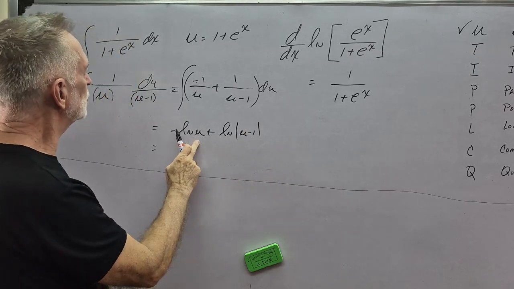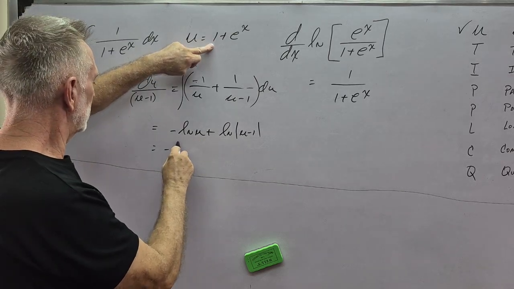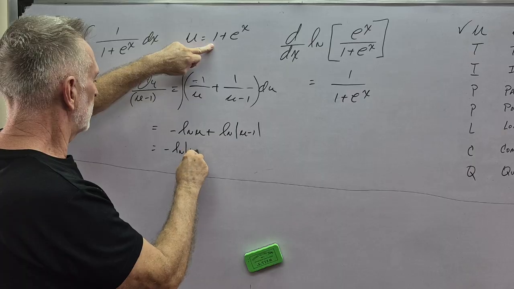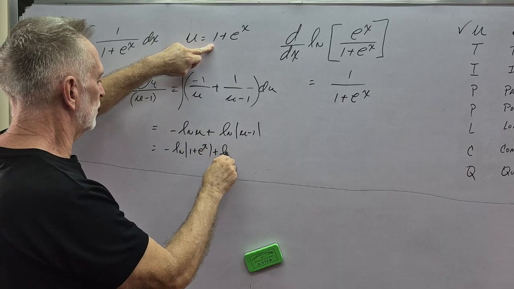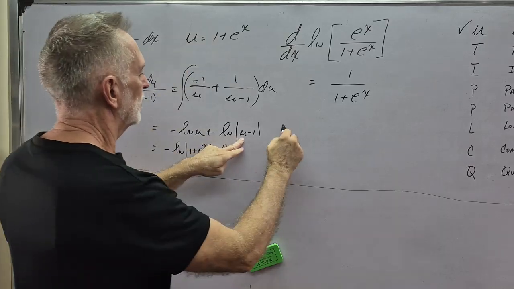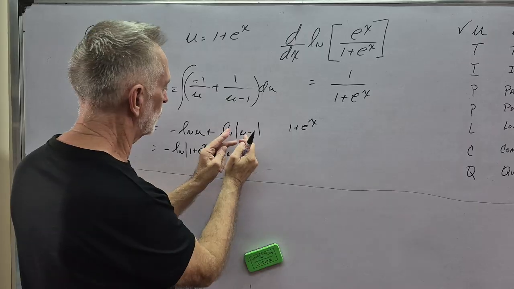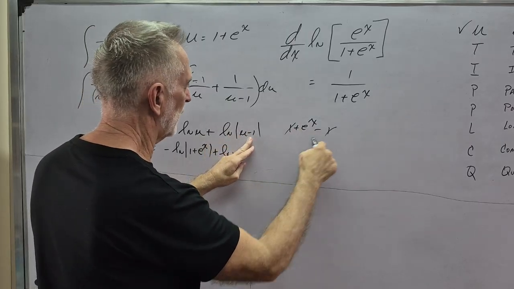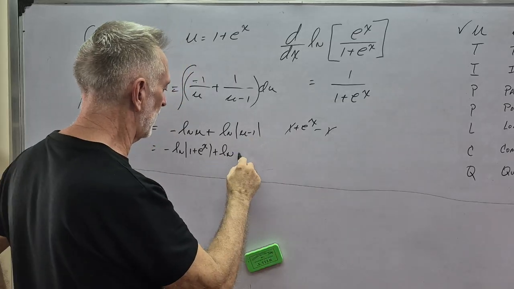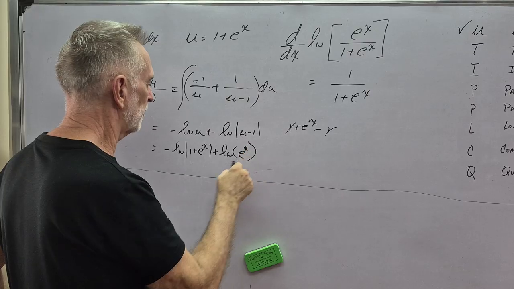Okay, so what is u? u was 1 plus e to the x. So I have minus the natural log of 1 plus e to the x, plus natural log of u minus 1, which is 1 plus e to the x minus 1. The 1's cancel. I'm left with just e to the x. So this becomes natural log of e to the x.